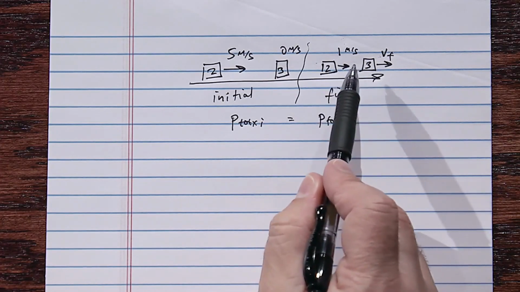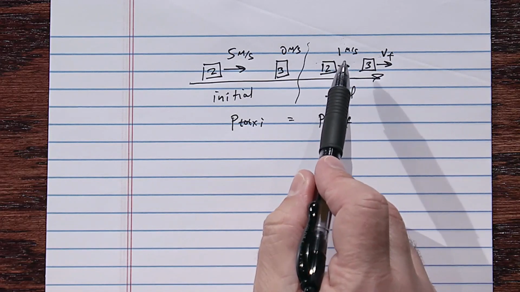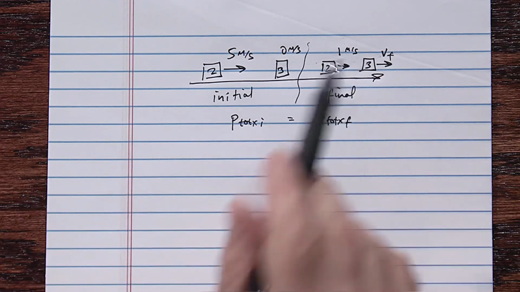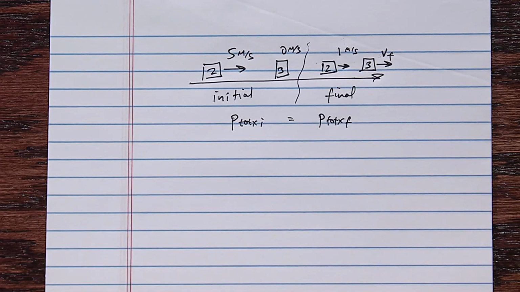But if they don't stick together and we're given one velocity, then we can figure out what the other final velocity is. So go ahead and use this equation and figure out what v final is for the 3 kilogram mass. I'll work it out slowly so that you can stay ahead of me and get your practice.